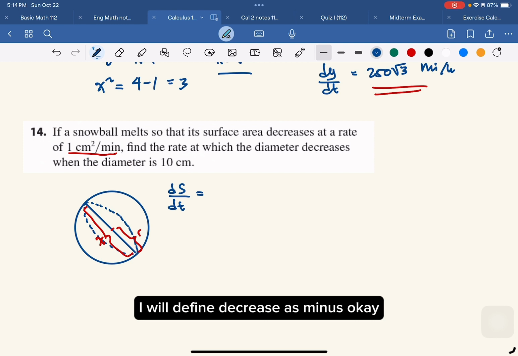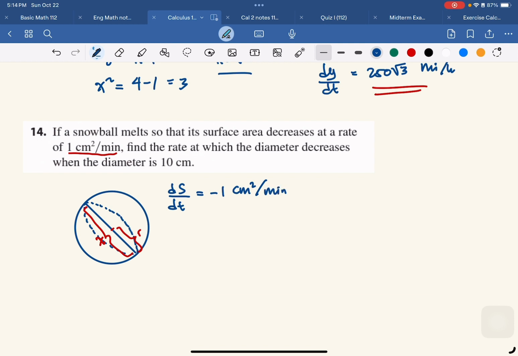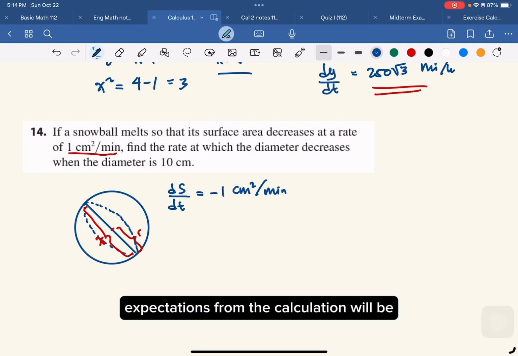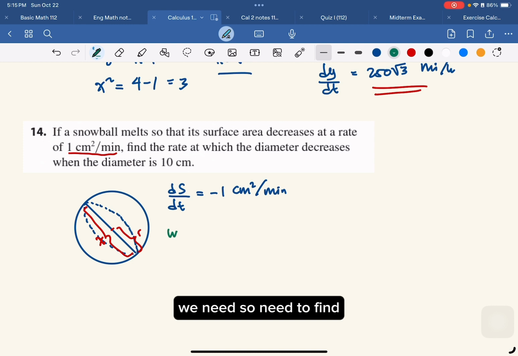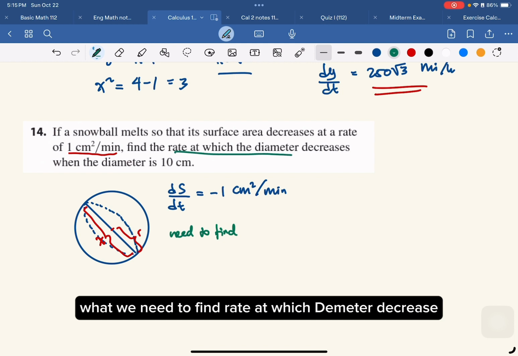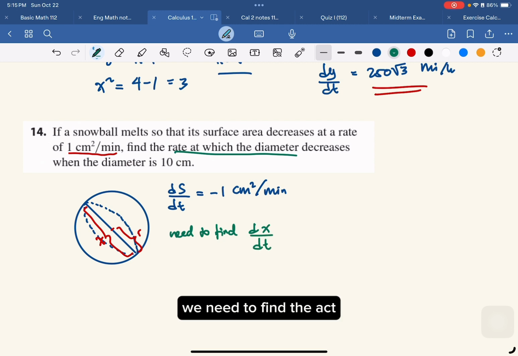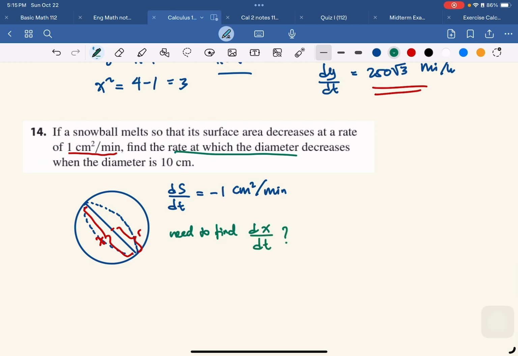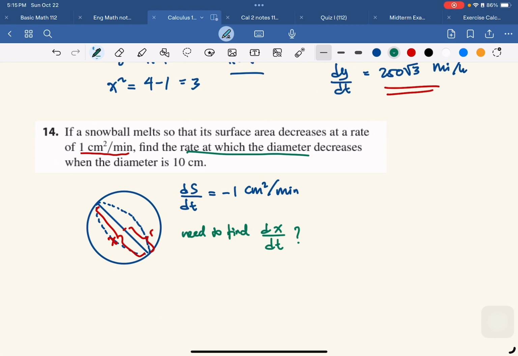I will define decrease as minus, just to make it easy to understand that the calculation will be reducing the number, right? So we need to find the rate at which the diameter decreases. If the diameter is x, then we need to find dx/dt when x is 10 centimeters.